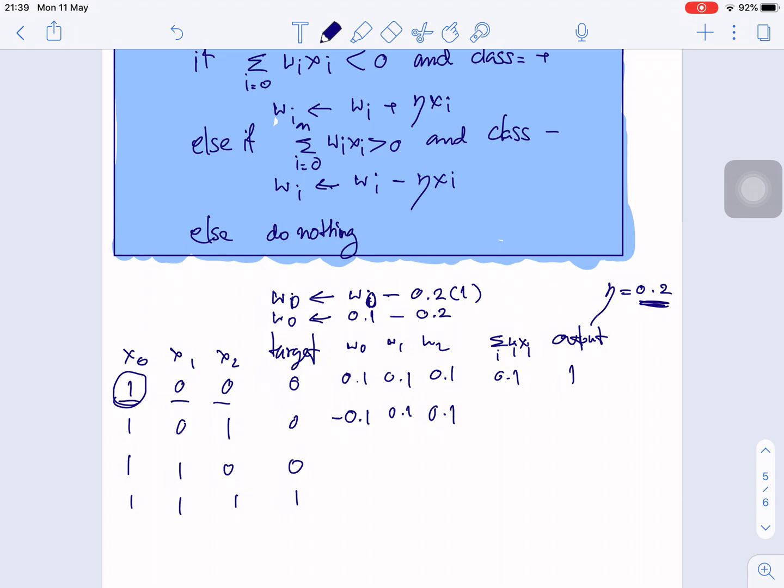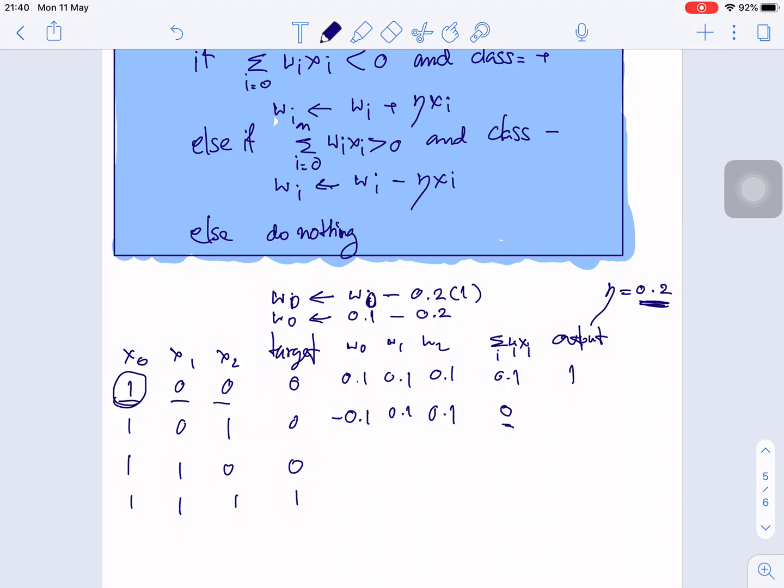Once you find the summation of this term, 1 times minus 0.1, and 0 times the others, so it will be 0. Can you see? Now, the summation is exactly 0. But like I always said, we don't want it to be 0, right? So you can treat it as incorrect. The target is 0 and the output is 0.